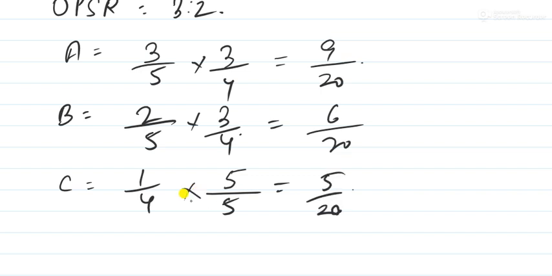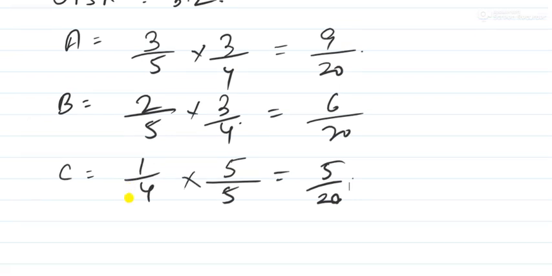Don't get confused, this 5 by 20 is totally equal to 1 by 4. It's nothing different. If you cut 5 and 20, you will get 1 by 4 again. In order to make the denominator same, we just multiplied it.